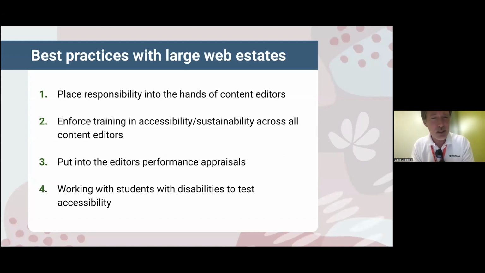Some best practices that we would recommend is to place responsibility into the hands of content editors. Content editors are often really keen on learning as much as they can about best practices, and that really includes accessibility as well. We believe that you should enforce training in accessibility and sustainability across all your content editing teams.